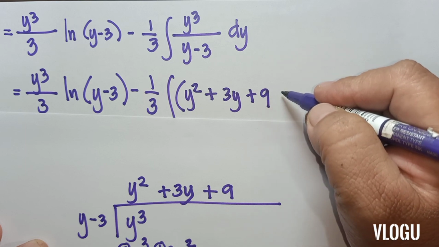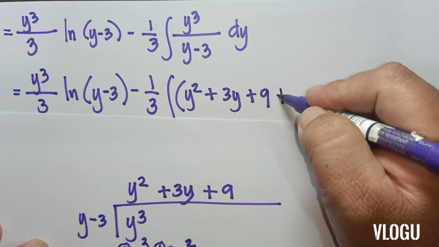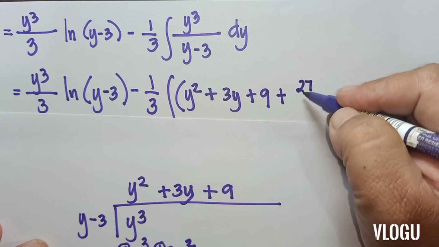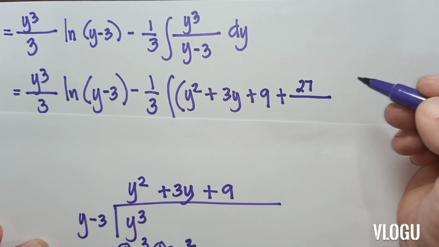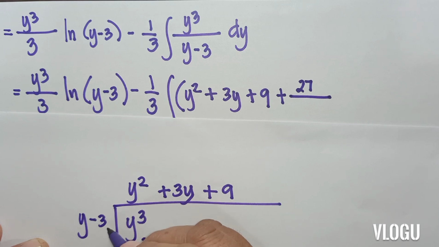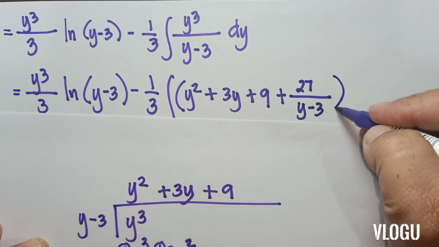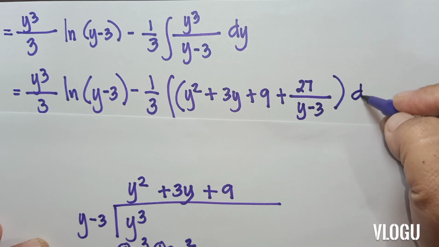So you will have plus 27 divided by y minus 3, then dy.